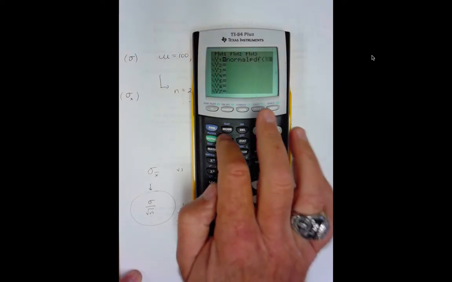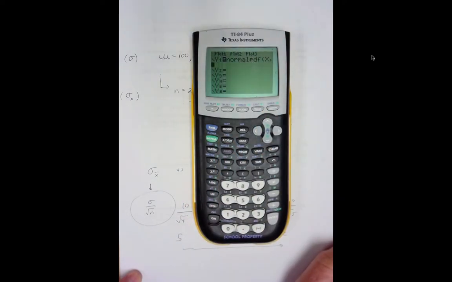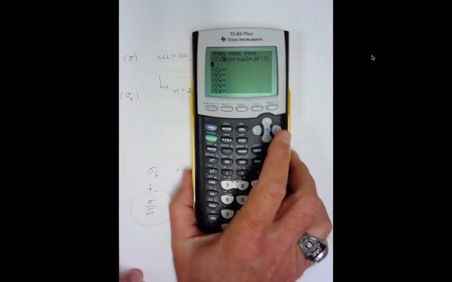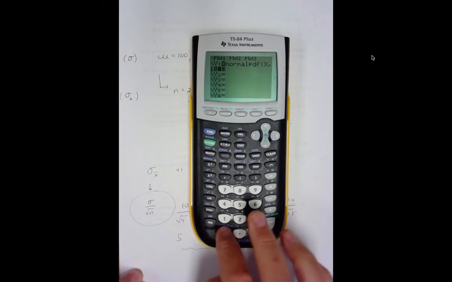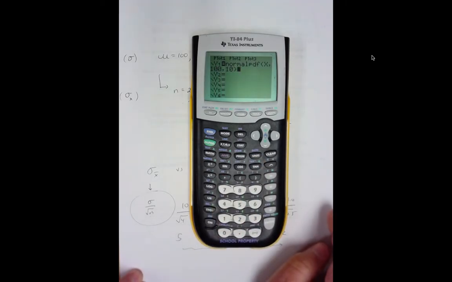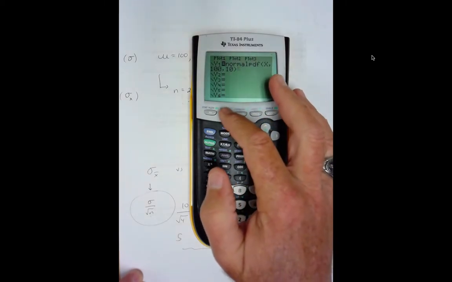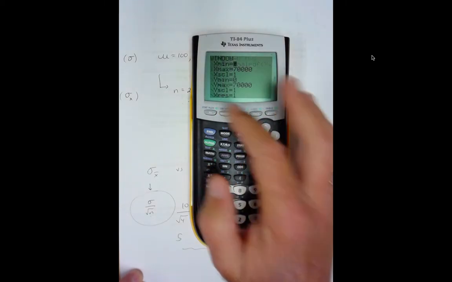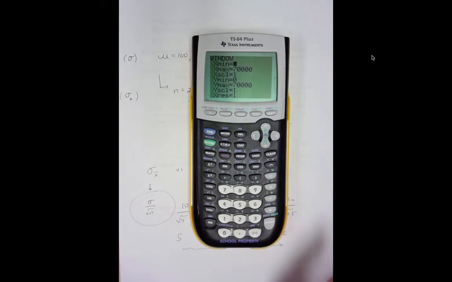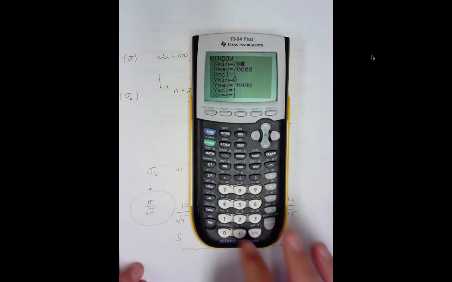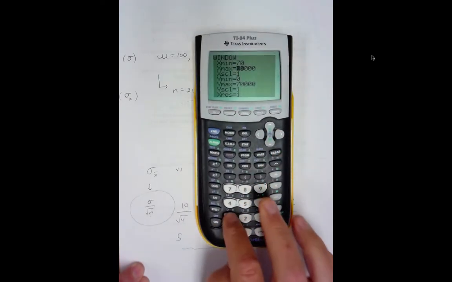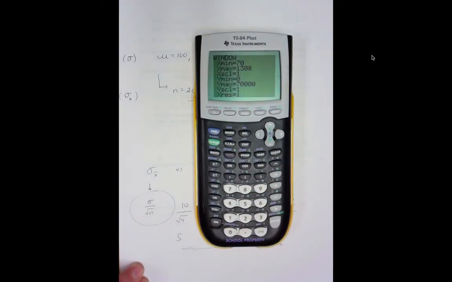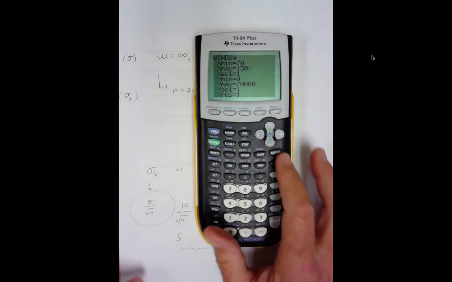So I'm going to put in x because we have to be a function of a random variable. And I want to look at the distribution with mean 100, standard deviation 10. Okay? Now, a little trickery here. I'm going to go ahead and set my window up to 3 standard deviations below the mean, to 3 standard deviations above the mean, because that gives us 99.7% of our distribution.